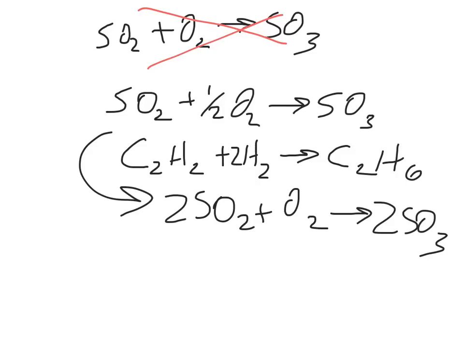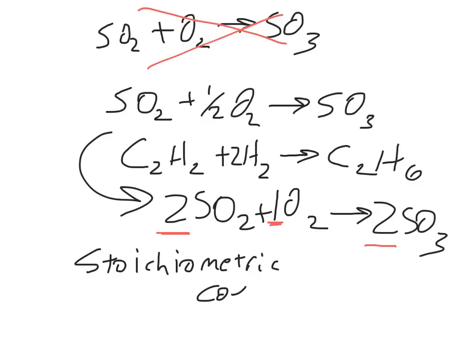Now these numbers here, the 2, and this would be equal to a 1, and then this 2 here. These are the stoichiometric coefficients. That's what they're called, stoichiometric coefficients. And these come into play for analysis of a reaction.